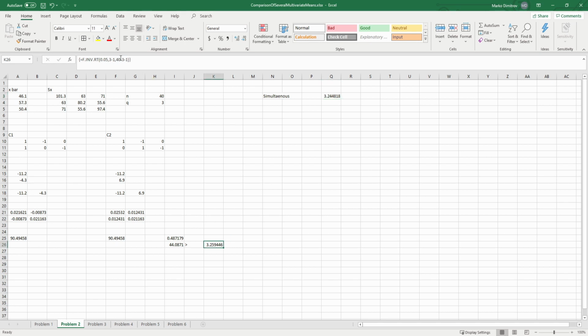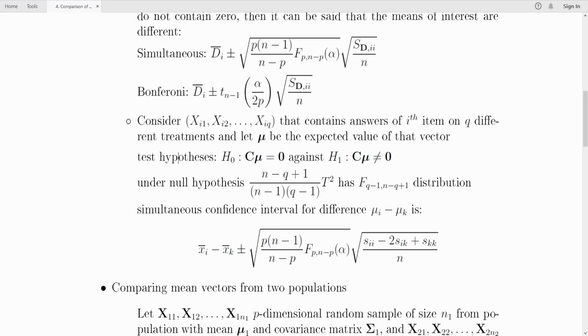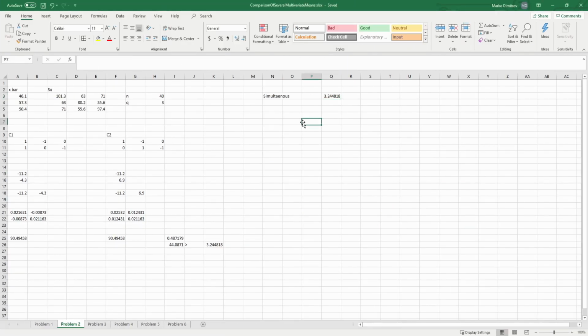Okay, let's go to the notes for a second. Here, the constant is not actually p, n minus 1, n minus p, but instead we need to use n minus q plus 1, n minus 1, q minus 1. So I will correct this.